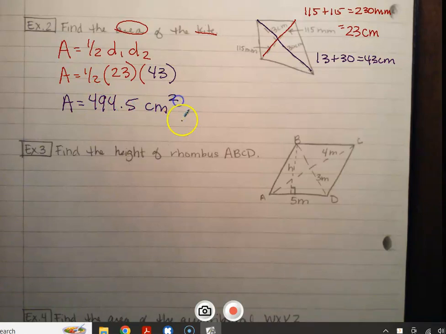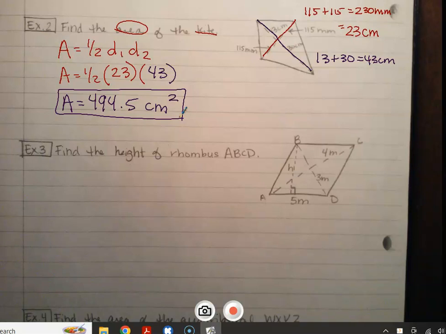Squared. Excellent. 494.5 centimeters squared. Now, the other thing, you could have converted the centimeters to millimeters and found it that way. Doesn't matter to me either way. It didn't specify in the question, so I would take either unit of measurement in this case.